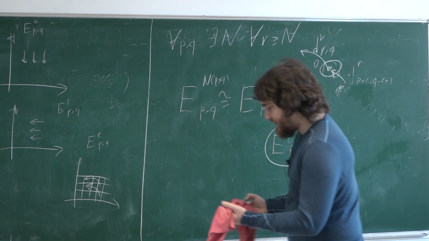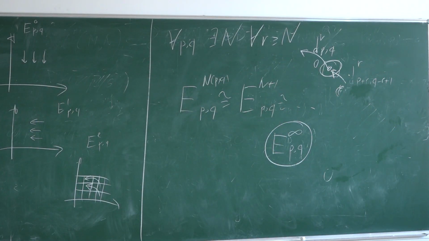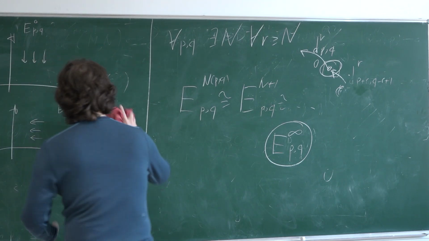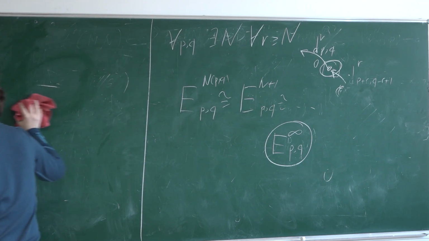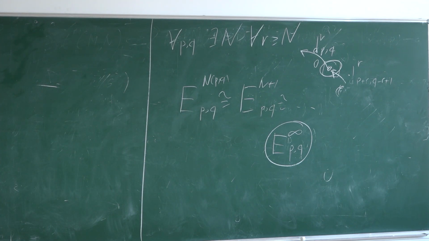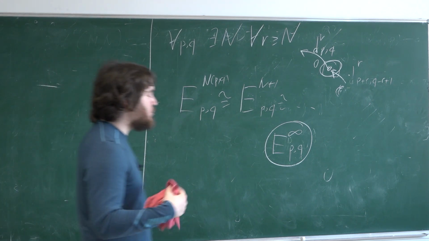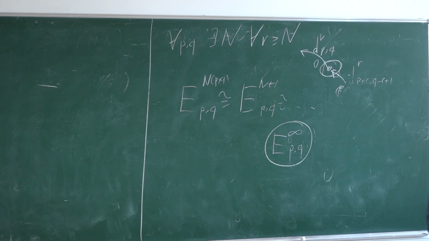And what do spectral sequences do? They try to approximate something. Why do we have such a weird rule for our differentials? I mean, E_{P,Q} goes to P minus R, P plus. In fact, it's one of the standard index conventions.